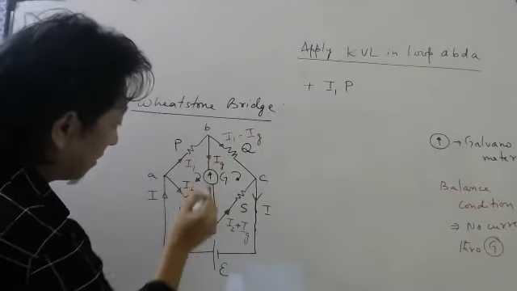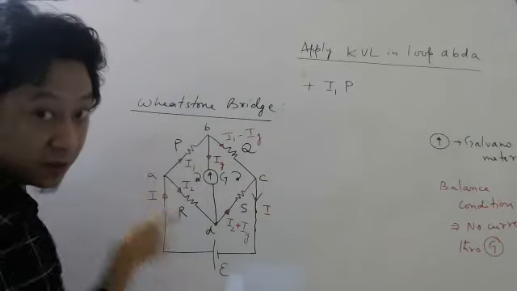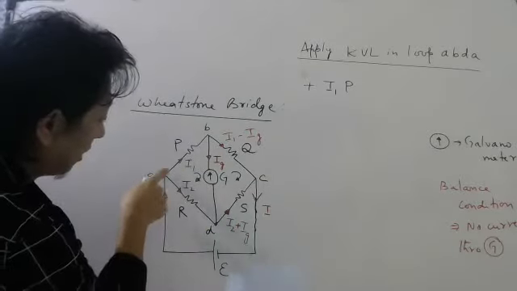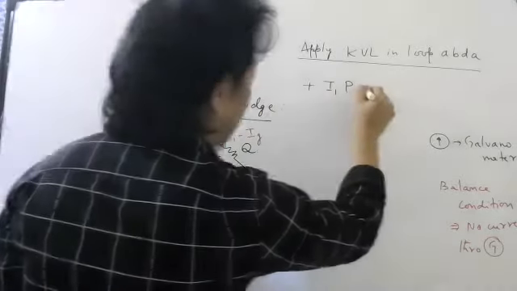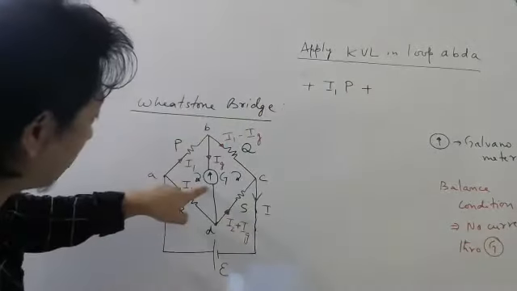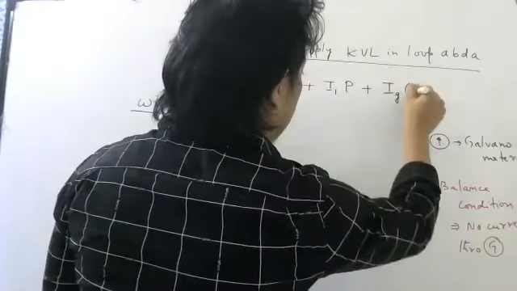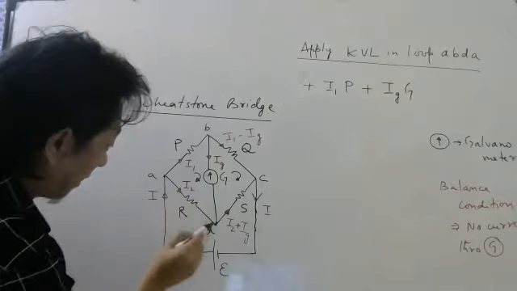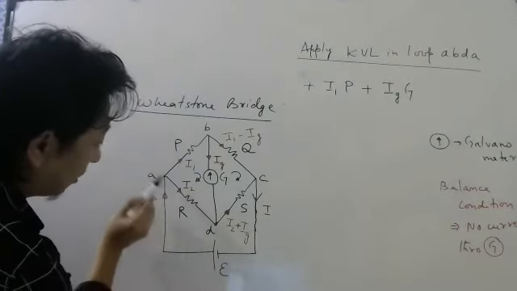Now here, again I am moving like this. So when I go here along the current, plus. What will be the potential difference for this galvanometer? Current into resistance. Then I will come back here. See how I am moving. Opposite to current or not?